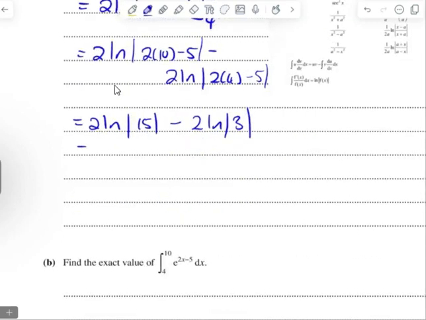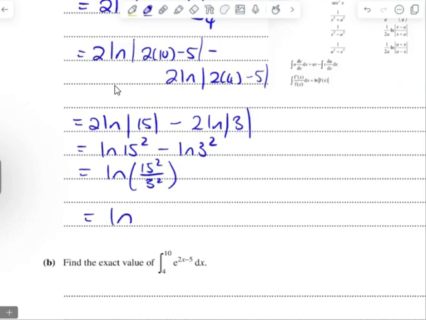Okay. For both of these, they're both actually positive, so the mods kind of fall away, and I can bring up my square. I can combine these now, just using my ln rules. Then I'm going to do 15 squared divided by 9 is 25. So my final answer for this question is ln 25.